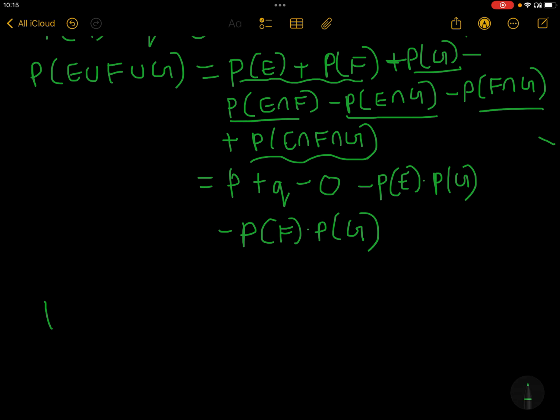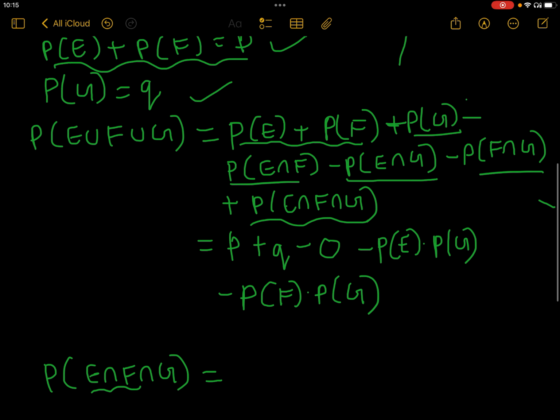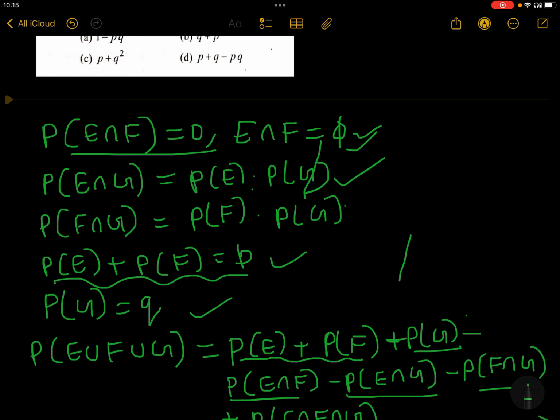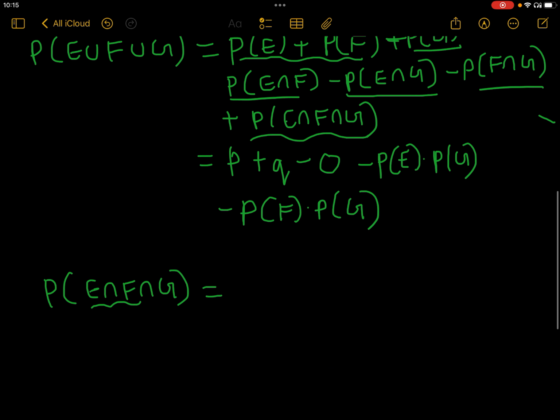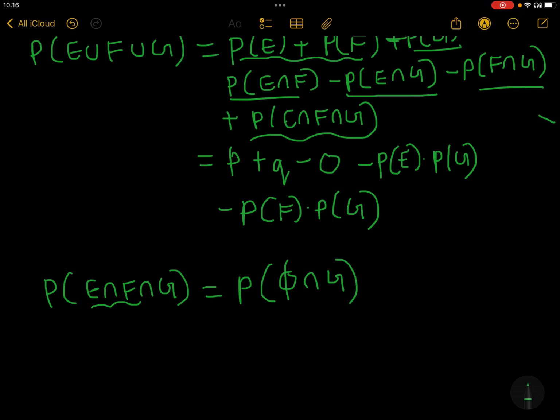Here we write P of E intersection F intersection G. We know that E and F are mutually exclusive events, which means E intersection F is the null set. So we can write P of null set intersection G. P of phi intersection G is P of the null set, because the common part is the null set.